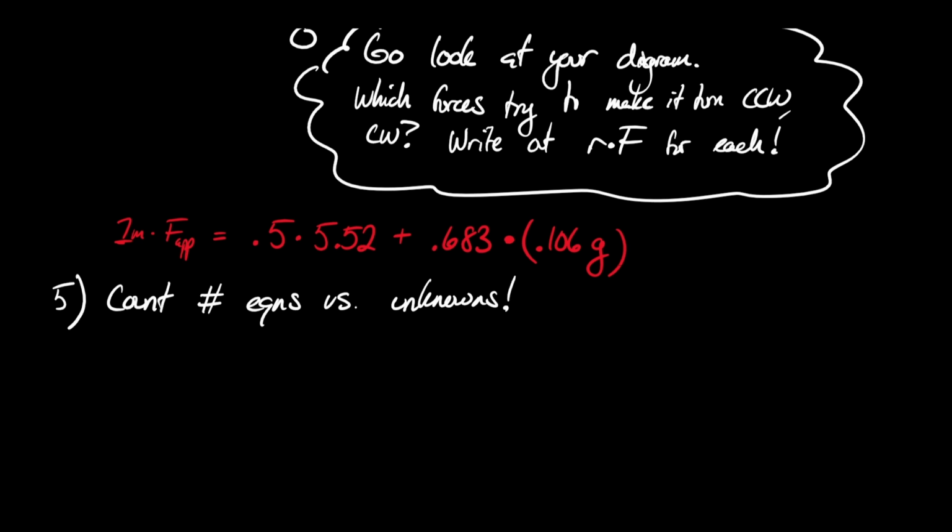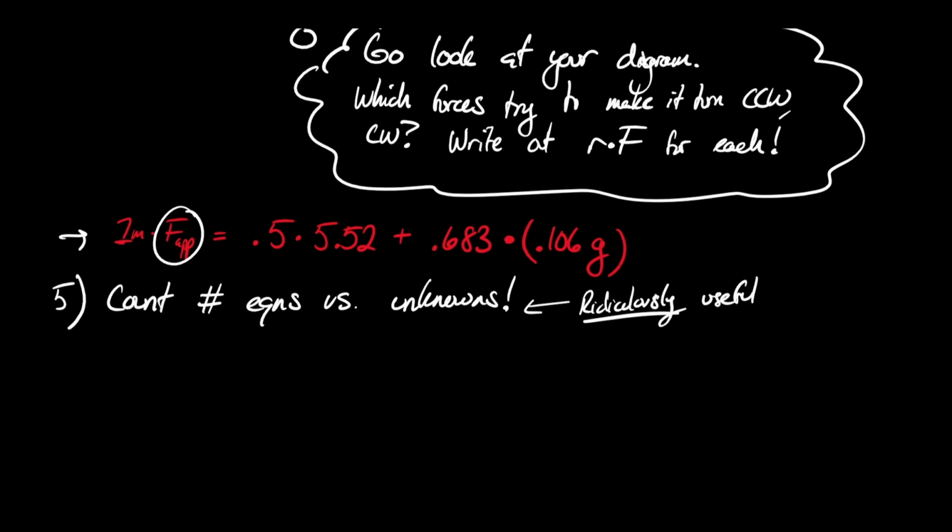By the way, if you guys haven't watched my past videos, know that I stress this an unfathomable amount because it's ridiculously useful, and it saves you a crap load of time. Okay, so in this case, we have one equation and one unknown variable, F app, so we are guaranteed to be able to find F app.